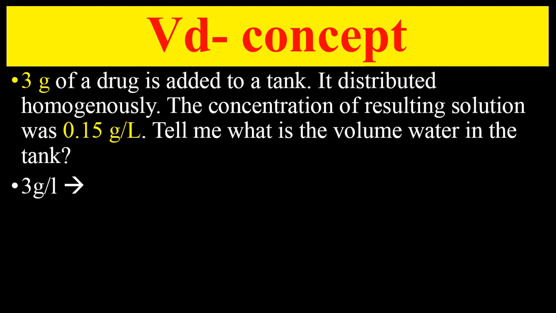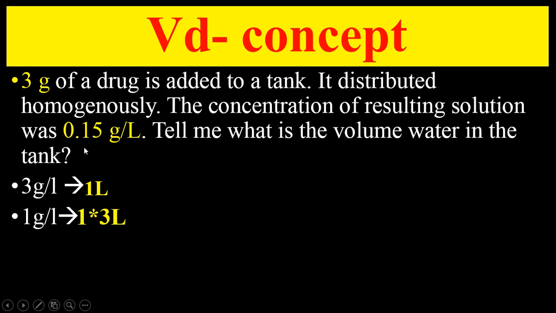If the concentration in the tank had been 3 gram per liter, then it was distributed in only 1 liter, because the concentration is 3 gram per liter. If it had been 1 gram per liter, then this 3 gram was distributed in more water, that is 3 liter.